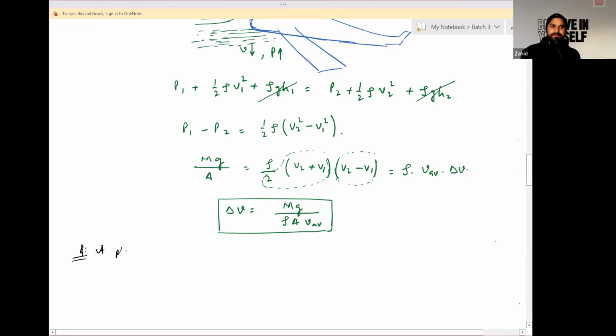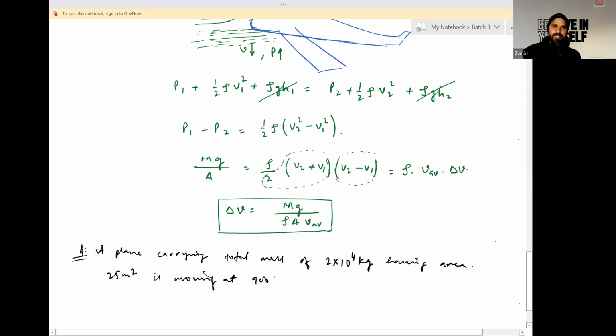A plane carrying total mass of 2 into 10 to the power 4 kg, having area 25 meters square, is moving at 900 kilometers per hour.